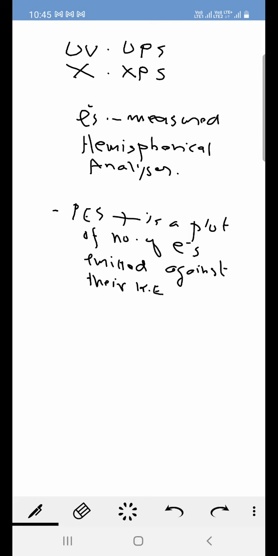For example, if we take argon in the gaseous state, here an electron is ejected from the 2p orbital.